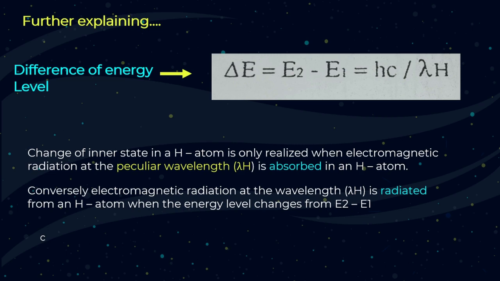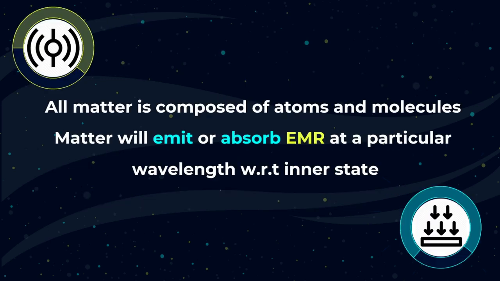Conversely, electromagnetic radiation at the wavelength lambda h is radiated from a hydrogen atom when the energy level changes from E2 to E1. So from what we learned up to now, all matter is composed of atoms and molecules with a particular composition. Therefore, matter will emit or absorb electromagnetic radiation at a particular wavelength with respect to the inner state.